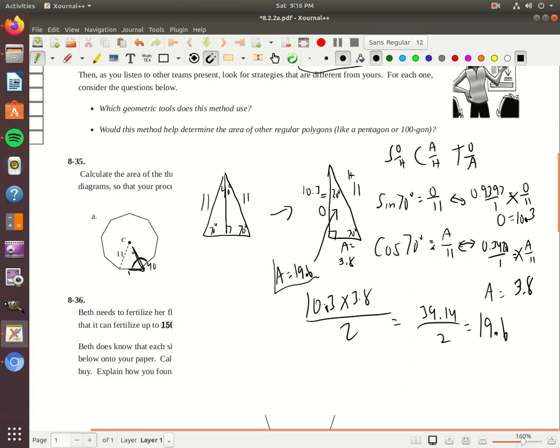Well, here's the trick. I did the small triangle here, right? And if I double that, I get the big one, and then there's 9 of them. So really I need to multiply by 18 to get the area of the polygon.